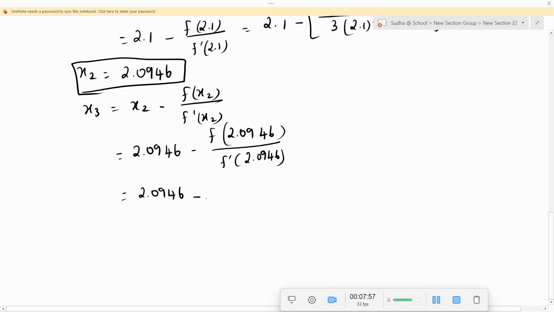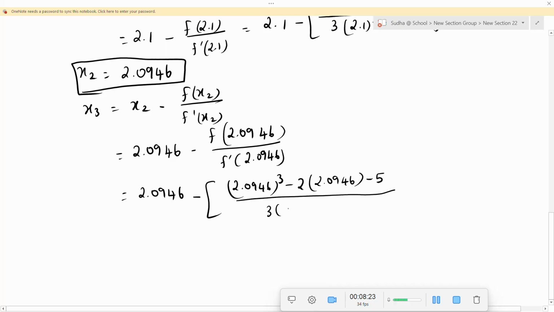In the f of x function, we substitute 2.0946 instead of x. Then we'll get 2.0946 whole cube minus 2 into 2.0946 minus 5, divided by 3 into 2.0946 whole square minus 2.